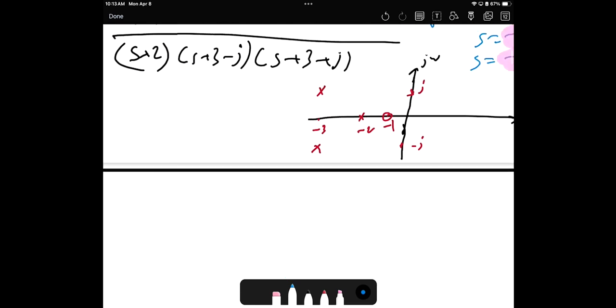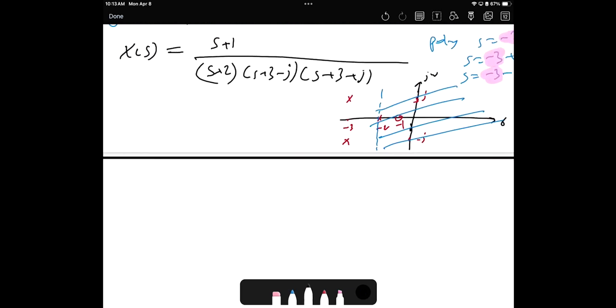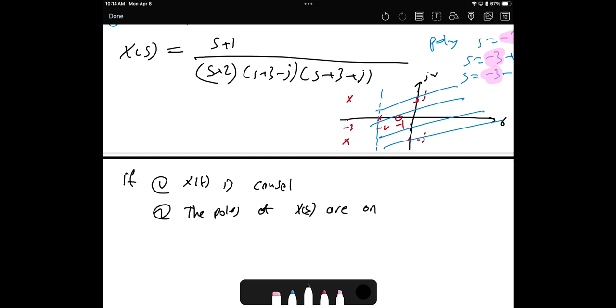So I would say that if x of t is causal, and the other thing, the poles of X of s are on the left half plane, which means the left half side. And you know what the left half plane is?